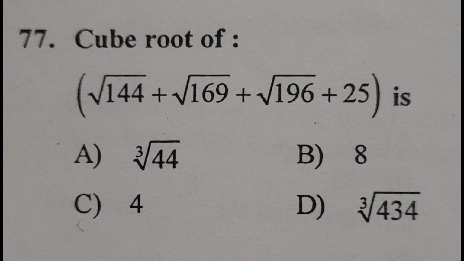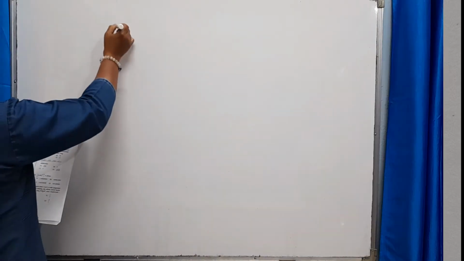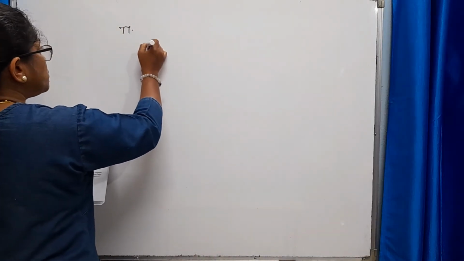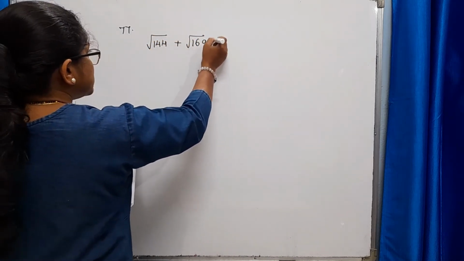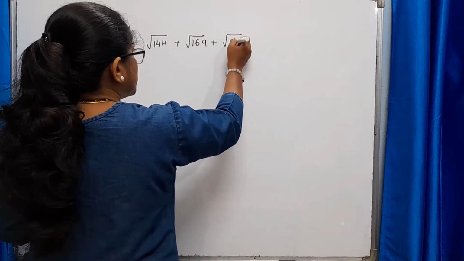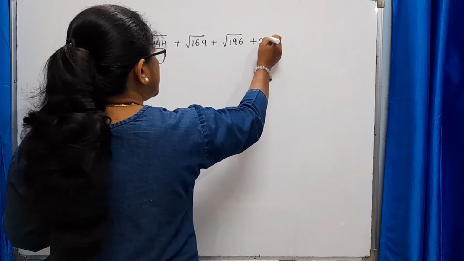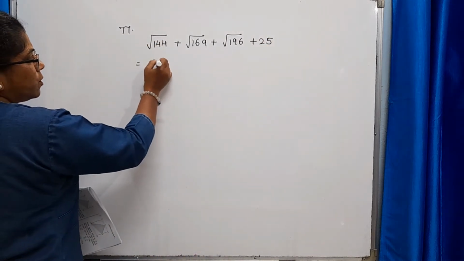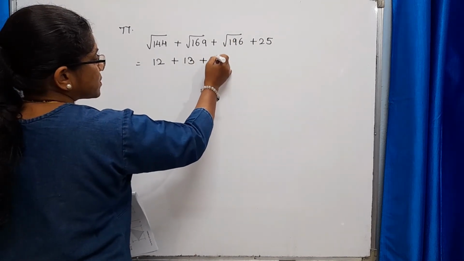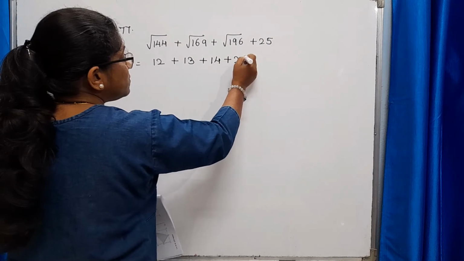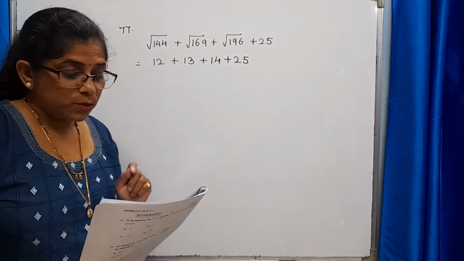77th sum. Find the cube root of root 144 plus root 169 plus root 196 plus 25. Root 144 is 12, root 169 is 13, root 196 is 14, and this 25 is as it is. 25 is not having a root sign.